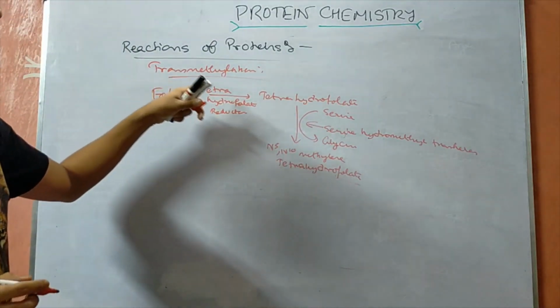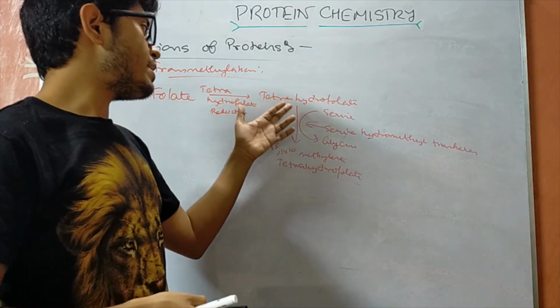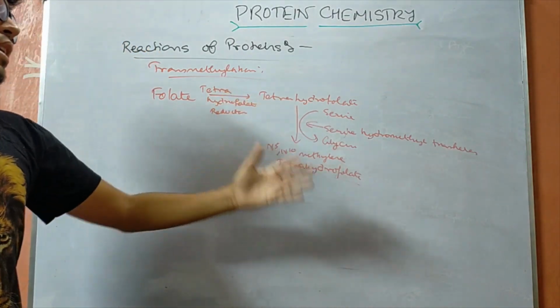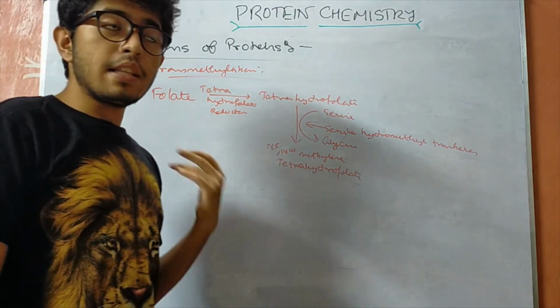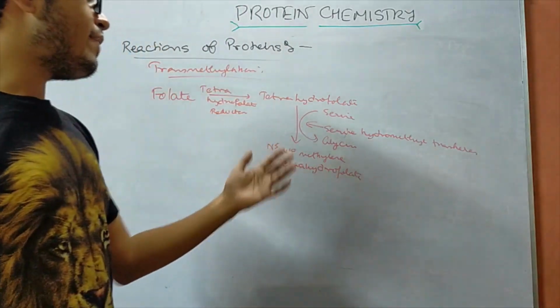So folate is reduced by tetrahydrofolate reductase to form tetrahydrofolate, and one molecule of serine is transformed into glycine.